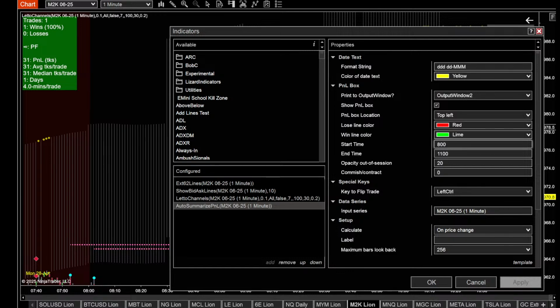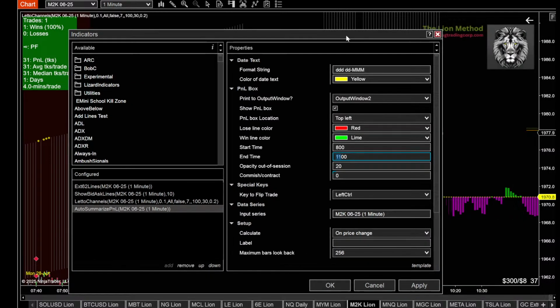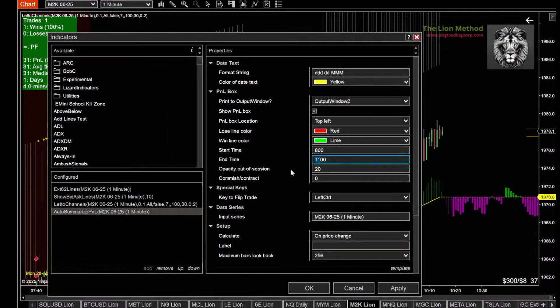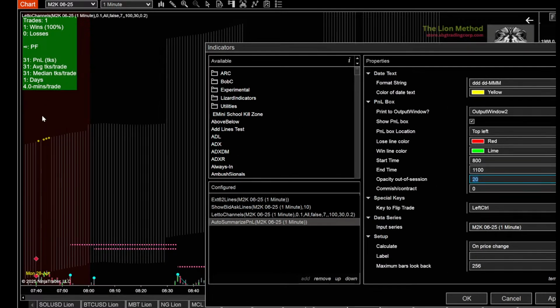Now the other thing too is start time and end time. So 8 o'clock to 11 o'clock, that's what I'm trading. And the opacity out of session, I might change that a little bit, but the opacity out of session is this red area. So before 8 o'clock, it has this red color. And I'm going to add something here, which is opacity in session.